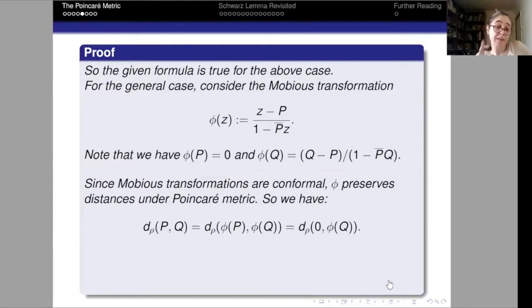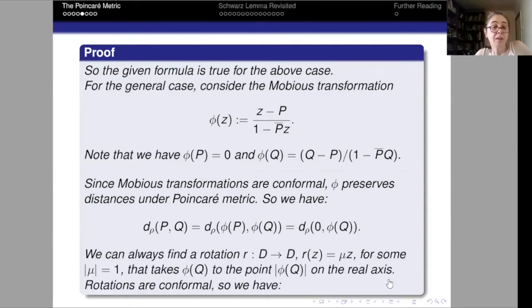And that is equal to d(0, phi(Q)). Now we can always find a rotation, Rz, that takes phi(Q) to the point absolute value of phi(Q). This absolute value of phi(Q) is on the real axis.